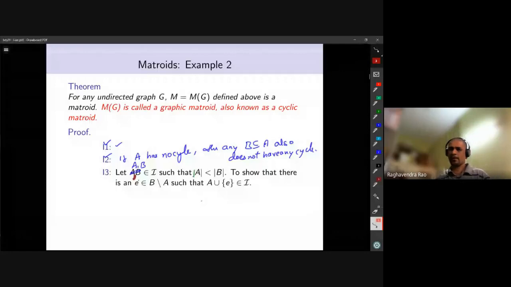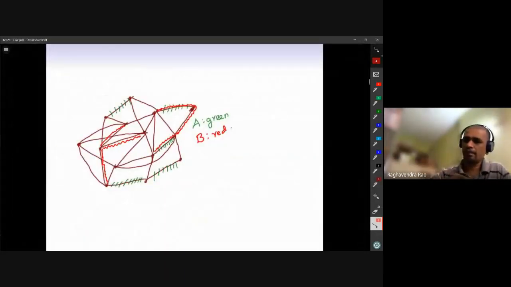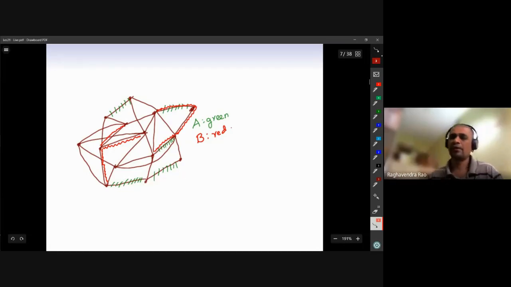So suppose this is our graph. Here I have two forests. The smaller forest is marked as green. The green dashed edges are part of A. That is this edge, this edge, this edge, and this path of length 2.